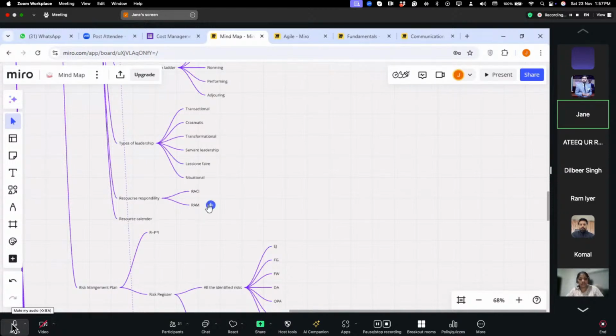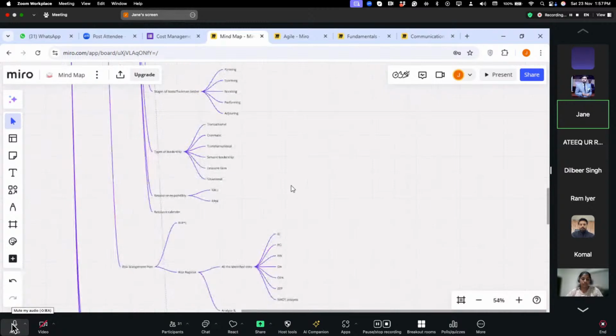Then we have the resource calendar, which will define when resources will be available. And that's about the resource management plan. Then we have the risk management plan.